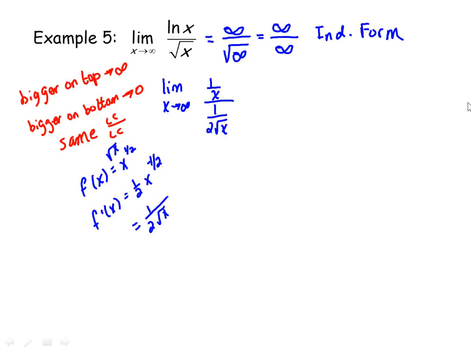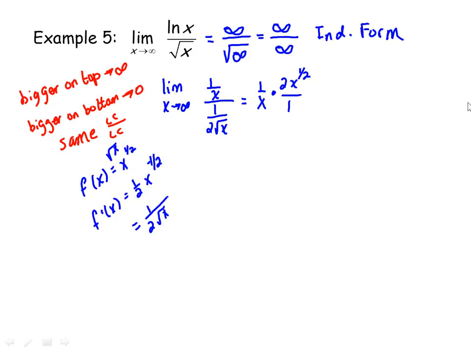Now, if you want to clean that up, you can. Doesn't really matter to me how you do it. Let's clean it up a little bit. If we do 1 over x times 2 times x to the 1/2, why not?